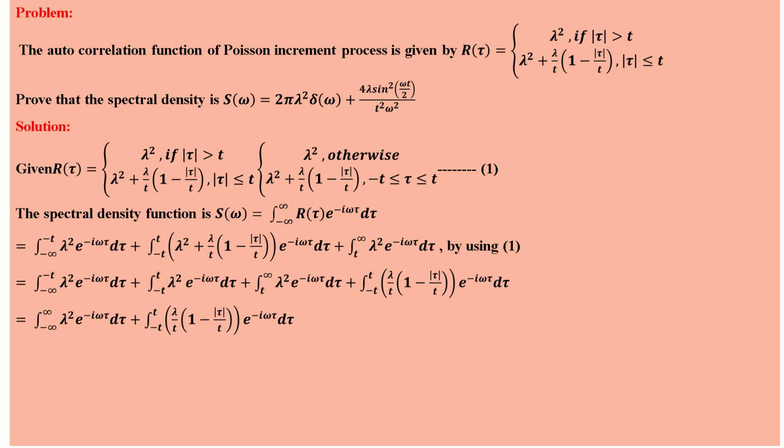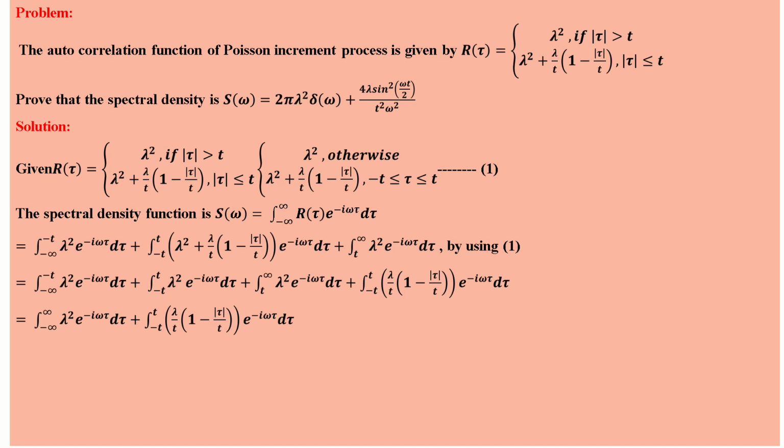See, the first 3 integrals all have the integrand λ² e^(−iωτ) dτ, with limits −∞ to −T, then −T to +T, then T to ∞. I am grouping all those, so I grouped all the 3 integrals into one because the limit is continuous and the integrands are the same.